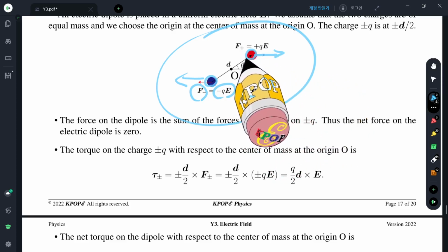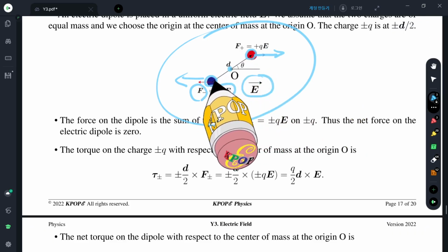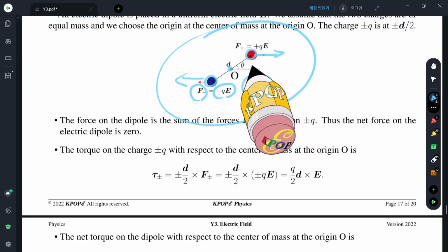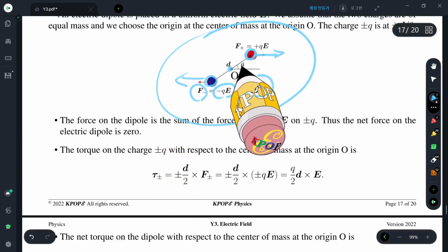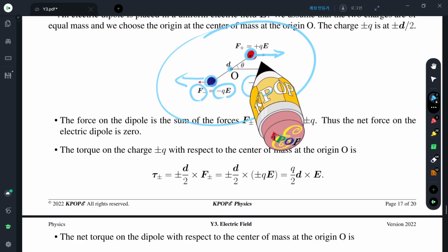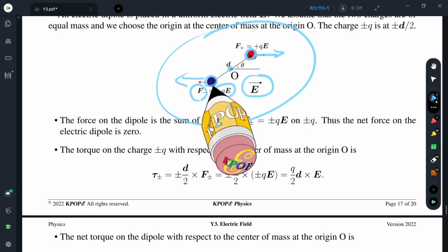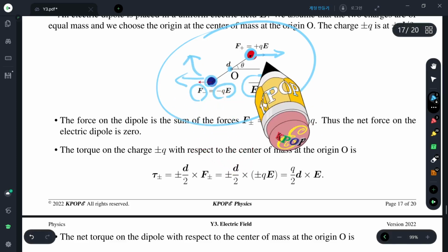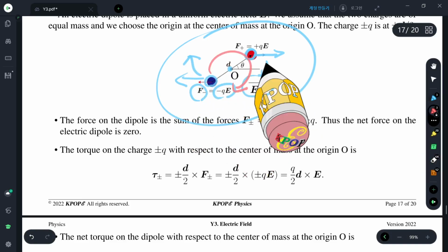However, with respect to the center of this electric dipole, we find there is a non-vanishing torque. It makes it rotate clockwise. The negative charge's Coulomb force also wants to rotate this side. Therefore, finally, it has a torque along this direction.